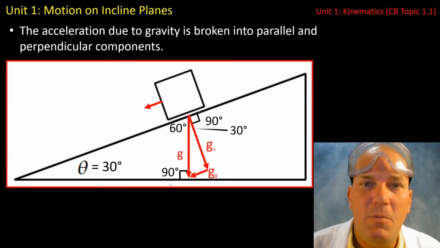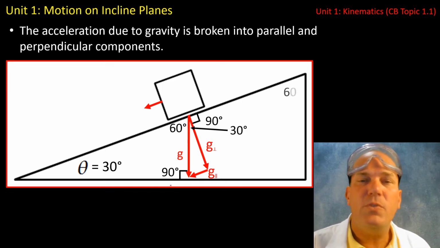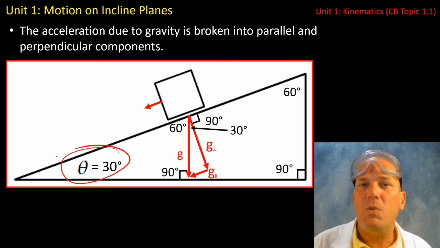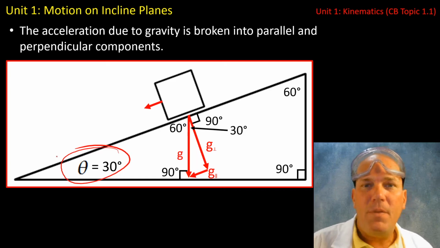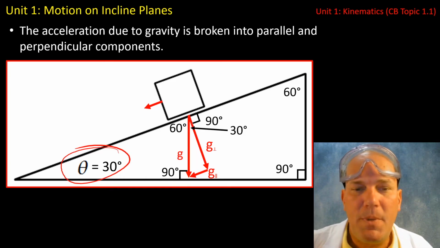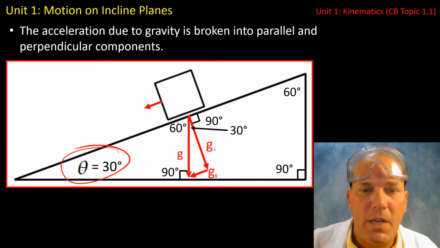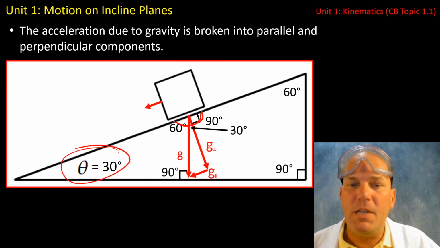This angle, where you see the arrow pointing on the screen, is the same as this angle here. So the angle above the horizontal ends up also being the same as this angle here. Of course, this would add up to 180, which is where the 30 comes from.